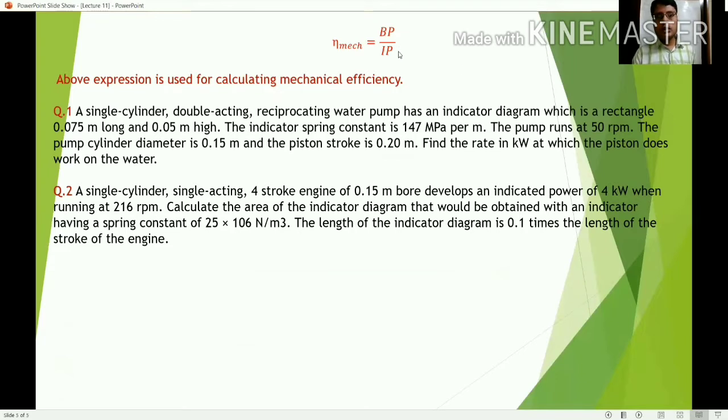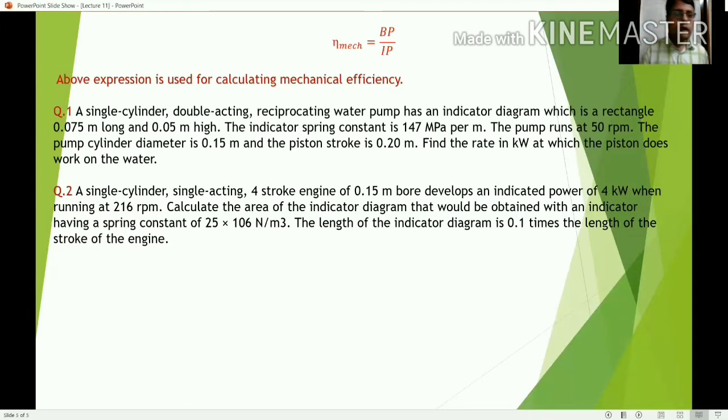Okay, so if any engine has a very small amount of friction power, then we can say that it is very good in terms of mechanical efficiency, because in that case, if friction power is less, then brake power has a higher value for this particular engine, and that's why mechanical efficiency is also high. Okay, so this expression is used for calculating mechanical efficiency.